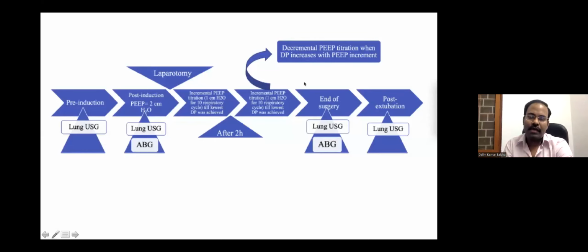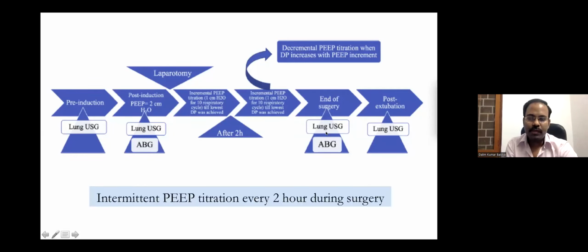And we assessed the post-op pulmonary complications as per the Melbourne group scale, as well as the blood gas data, and also by lung ultrasound scoring system, whether the patients were developing post-operative atelectasis or not. Since we did this in major GI surgeries, which used to run for 5 to 6 hours, we repeated the PEEP titration every 2 hours.